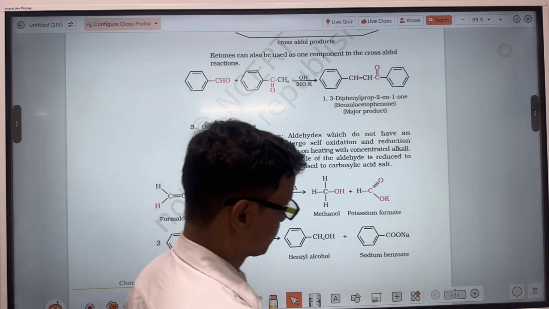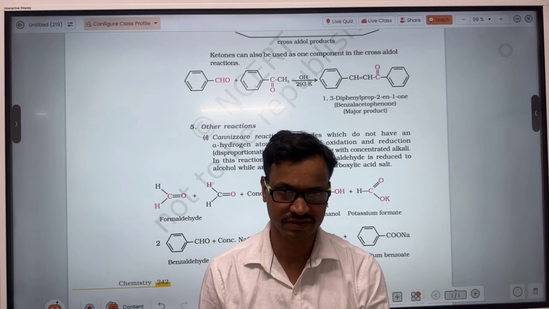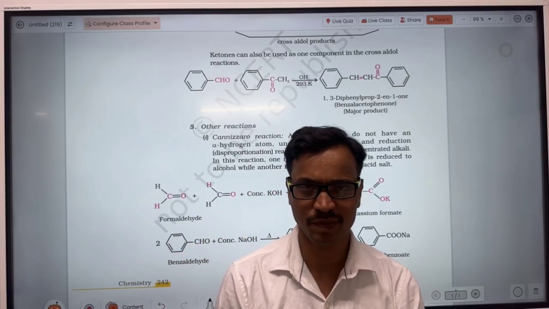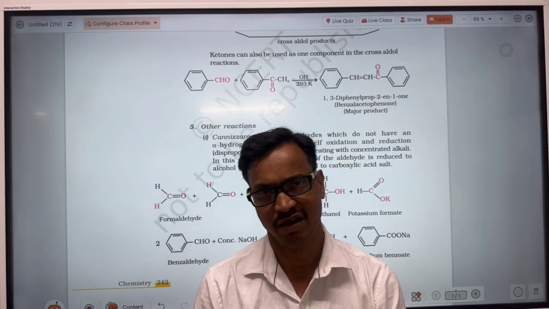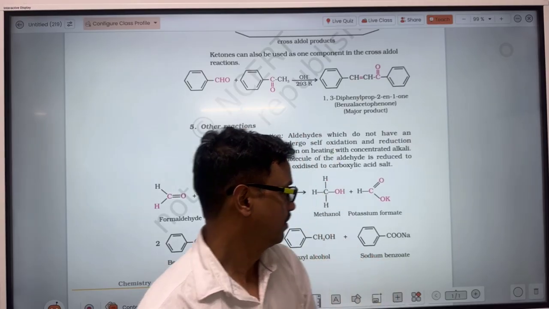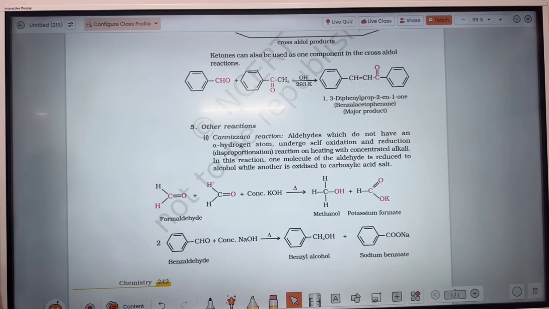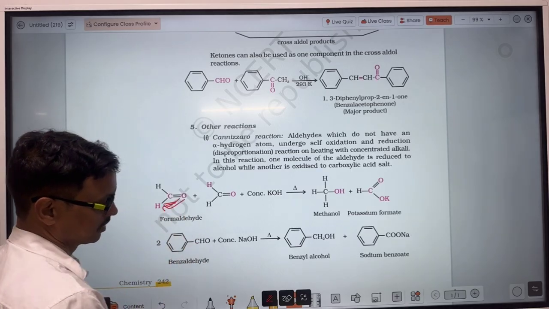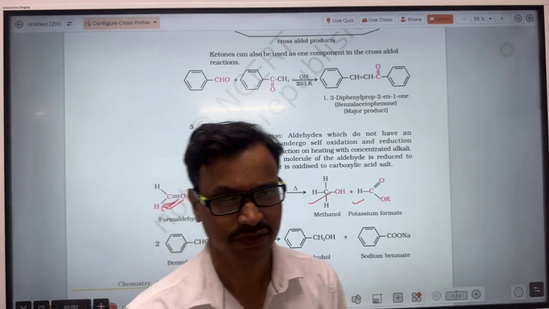Then next is the Cannizzaro reaction. What happens in the Cannizzaro reaction? It is performed by those aldehydes which don't contain alpha hydrogen. Like this compound, methanal, it has no alpha hydrogen, so it will show the Cannizzaro reaction. Here one compound gets oxidized and one compound gets reduced.